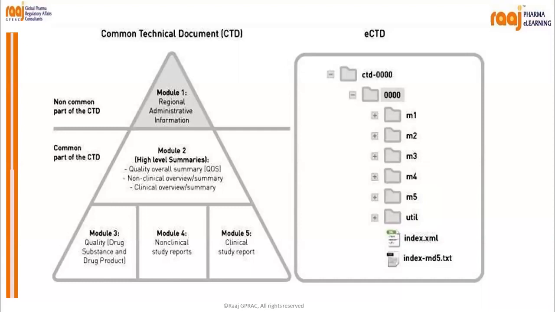And when we use the eCTD software, the utility folder will automatically generate index.xml and the index.md5 checksum. So these are the three files generated automatically when we use the software. And you will learn the use of these three important files by using that software.